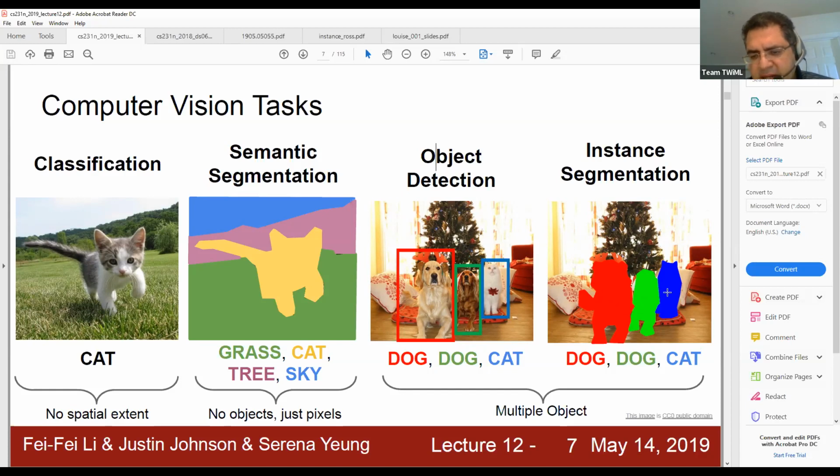Red dog, green dog, and a blue cat. Okay, and one thing I should say, I'm using slides from this class called CS 231. It's a Stanford class on deep learning for computer vision, and it's only computer vision.